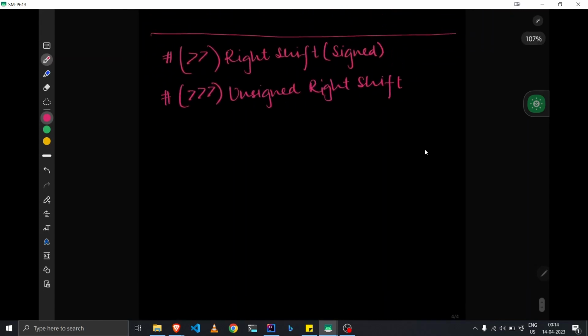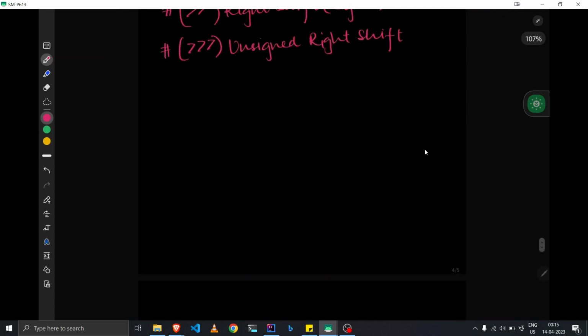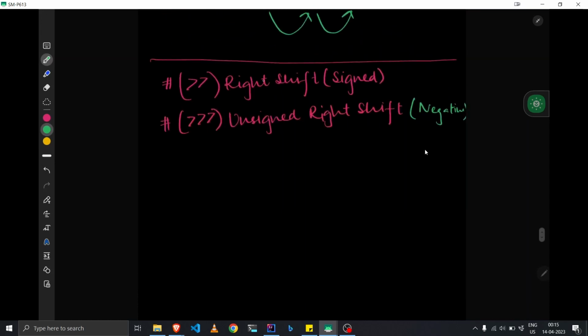So the unsigned right shift basically moves the sign bit as well. Okay, so this basically works on negative numbers only, but for positives it would work exactly the same as the right shift as we discussed above.